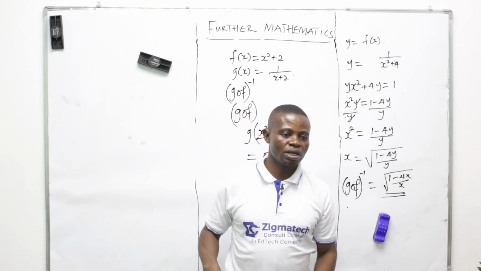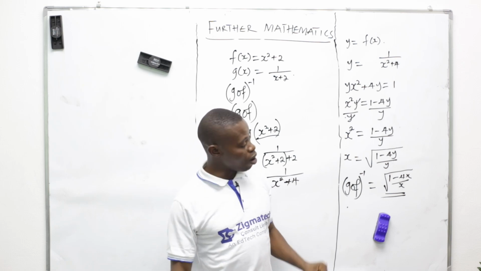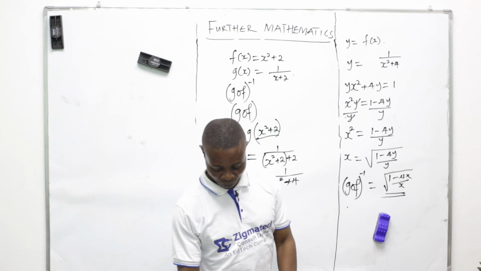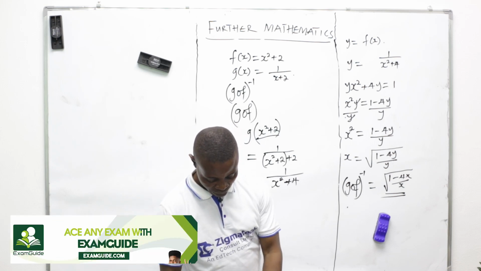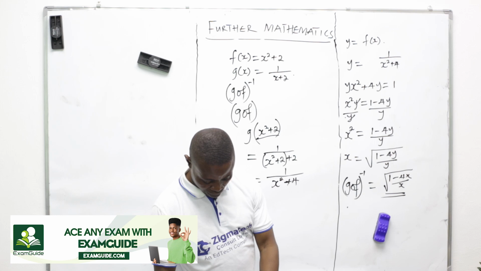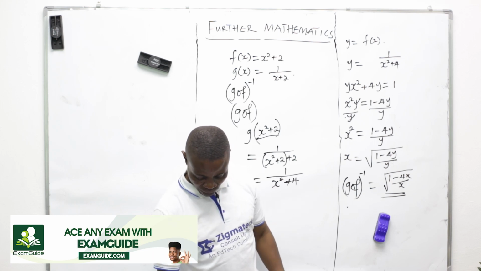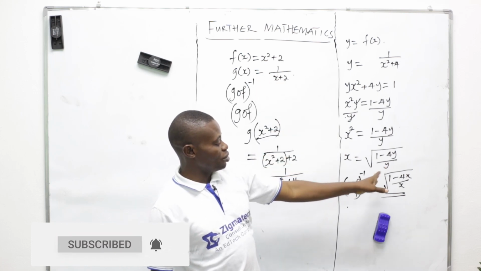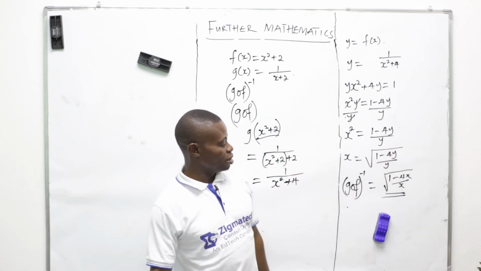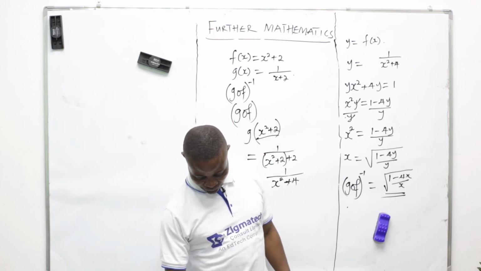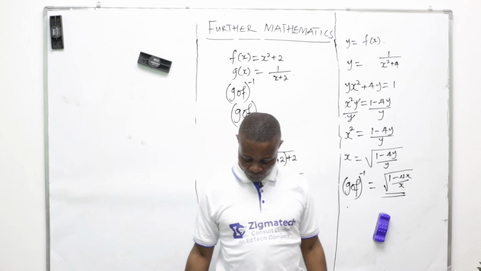That becomes the inverse of gof. The gof inverse is the root of 1 minus 4x all over x.